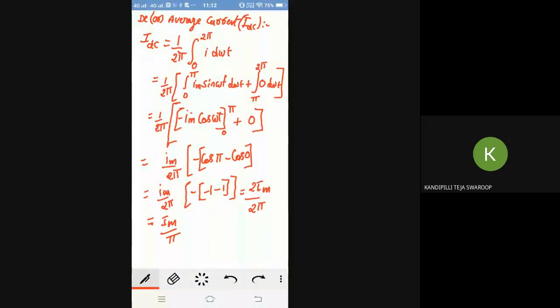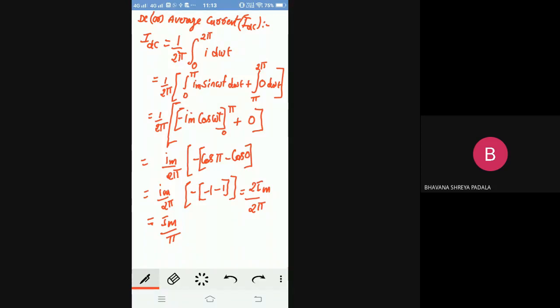Okay, I think everyone can understand this derivation. Are there any doubts? No, sir. Okay, thank you. Remember this equation: I_DC, the DC current of a rectifier, equals I_m by pi.